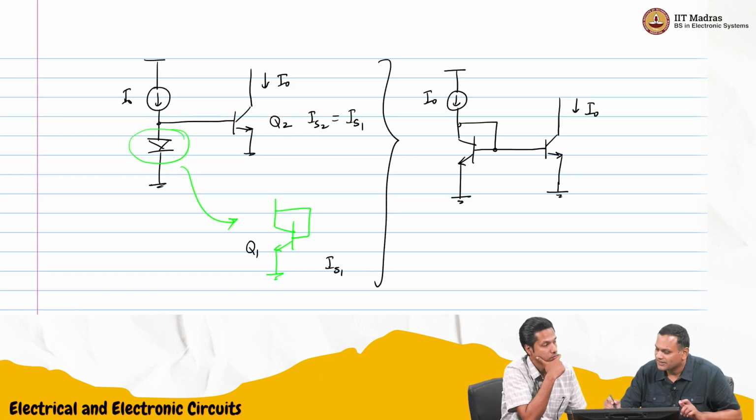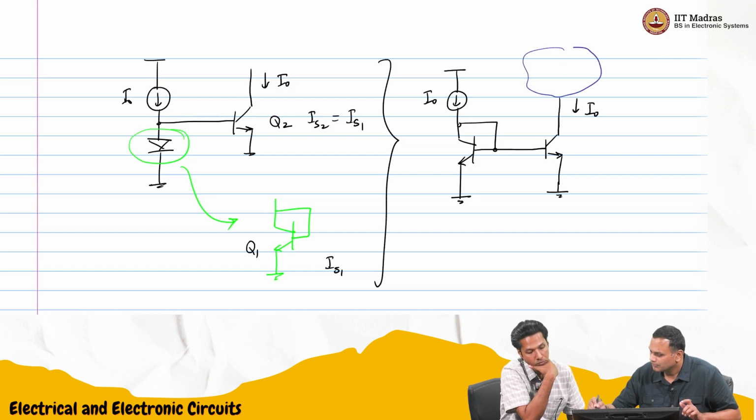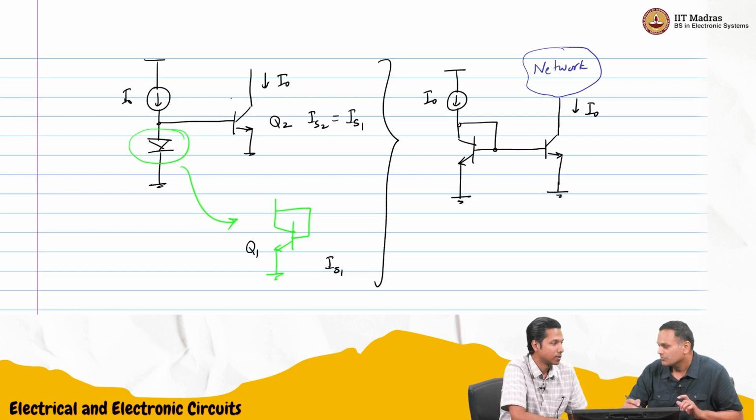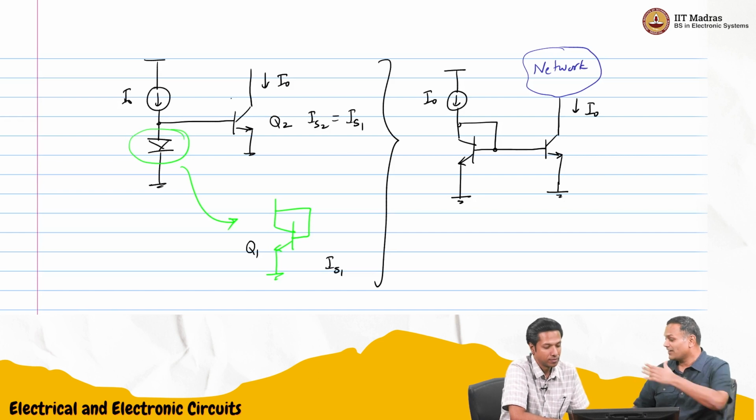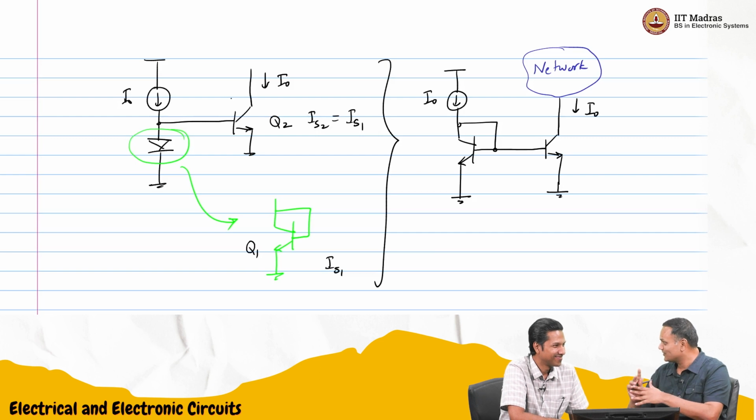And now this can actually be connected to any circuit. So now we did it for a CE configuration, but it can be connected to any circuit. In fact, we think back to all our circuits where we had a current source. We can use this inside those.